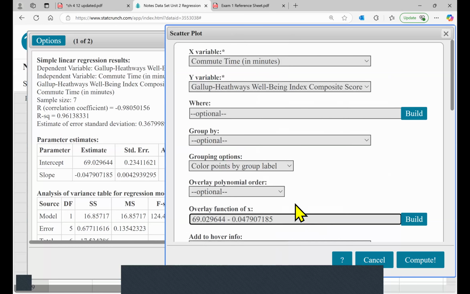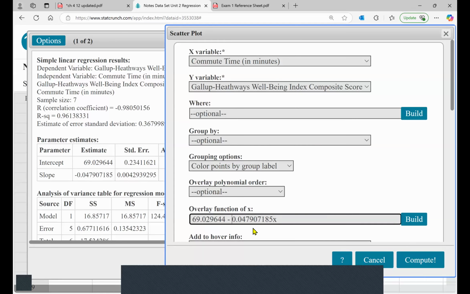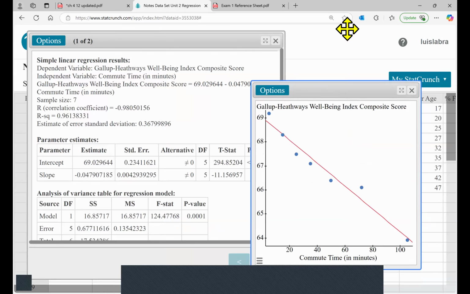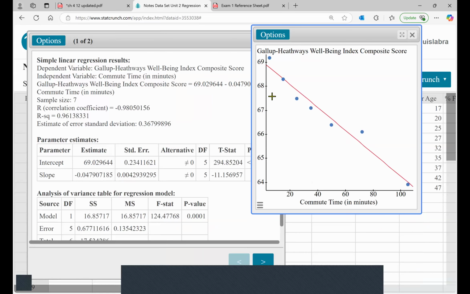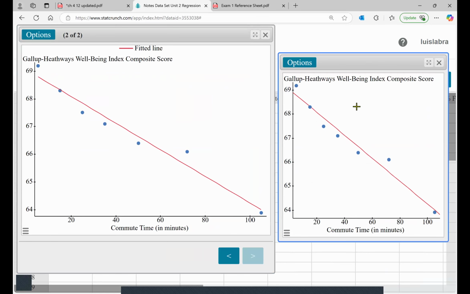And then make sure you type in x after that. Well, I got to put multiply. And you can see how we end up with the exact same graphic. So it's a little bit easier for us just to simply use the scatter plot. All right, that does it for us.